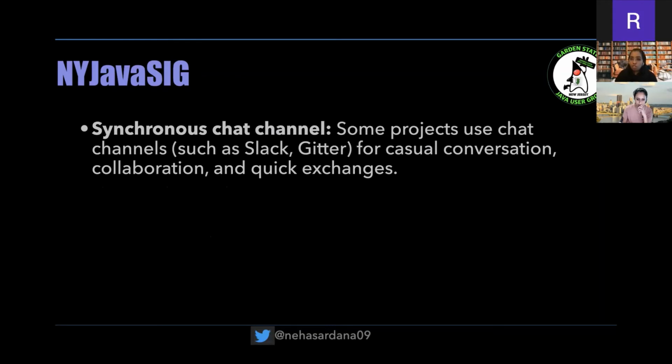Not all projects have a chat channel, but I've seen many projects. Spring has a very good Gitter channel for casual conversations. You can ask questions as well if you have any issues. I've seen it, it's very active, and it works very much like Slack. Slack channels are also there for many projects.